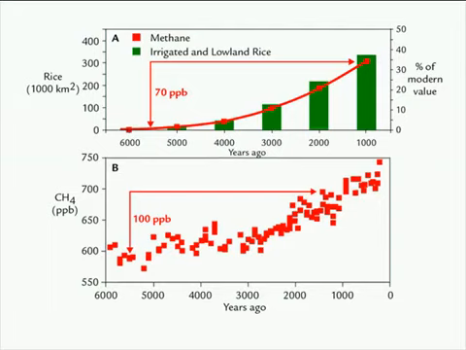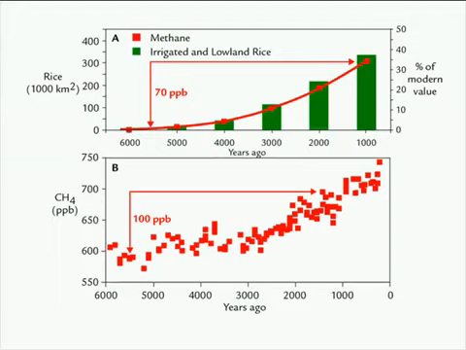And he converted that area of rice agriculture to estimated methane emissions and to estimated methane concentration in the atmosphere, which are supported by estimated emissions with basically no significant lag. And he used modern relationships to do that.